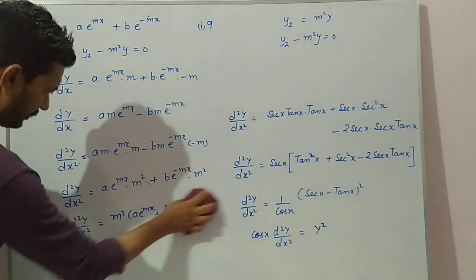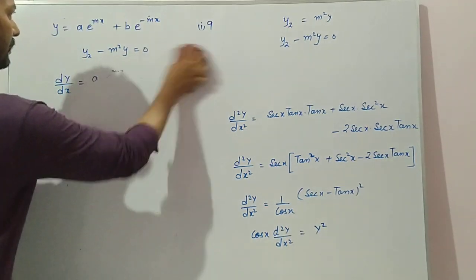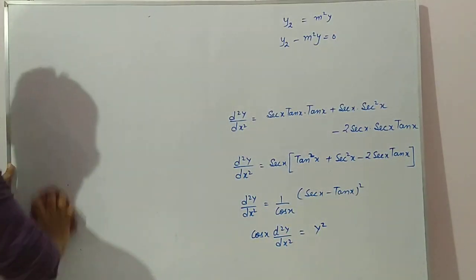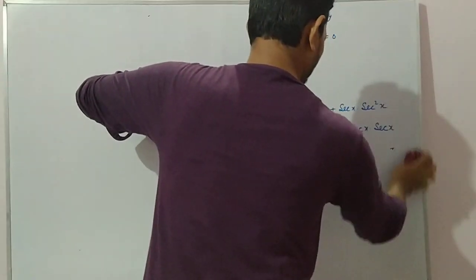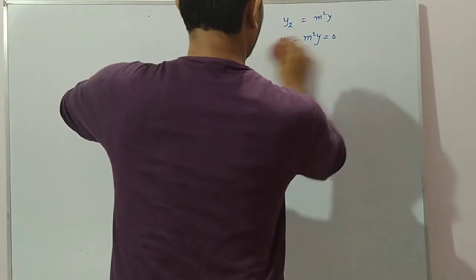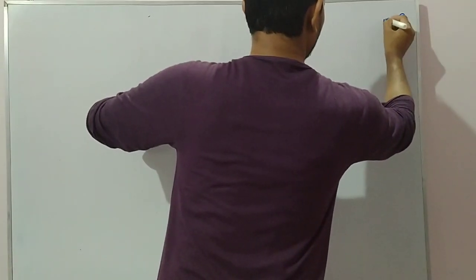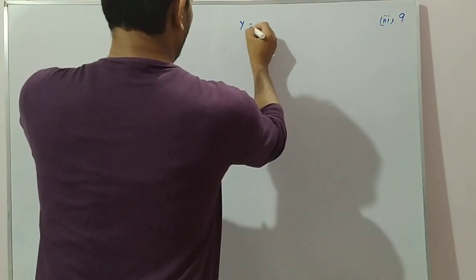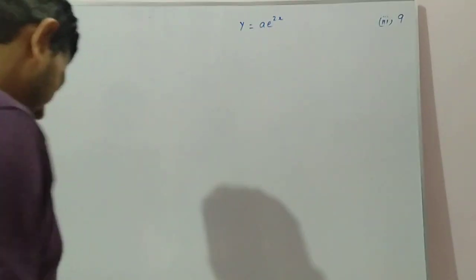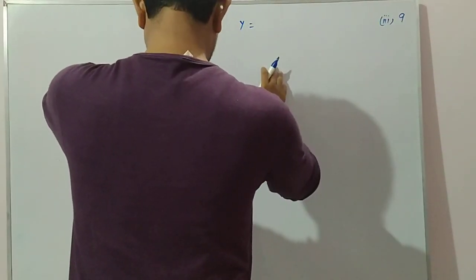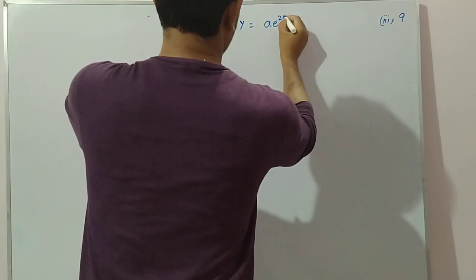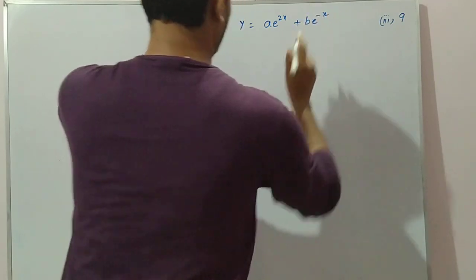Now next, 9 number 3. It is given that y equal to a e to the power 2x plus b e to the power minus x.